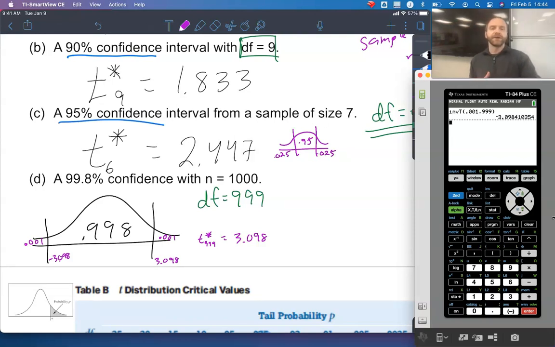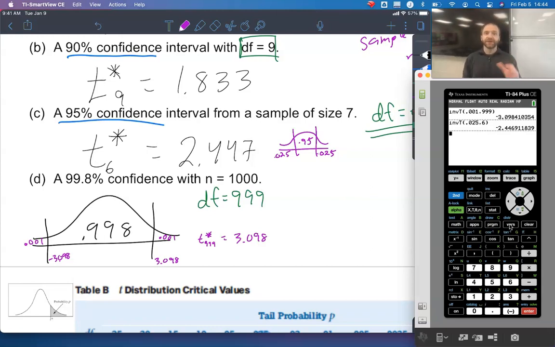So what's interesting is if I go to the same thing, second distribution, inverse T, number 4. This time I'll go area to the left, 0.025. And my degrees of freedom here, from a sample size of 7, is 6. If I hit enter here, this one gives me negative 2.4469, which is 2.447.